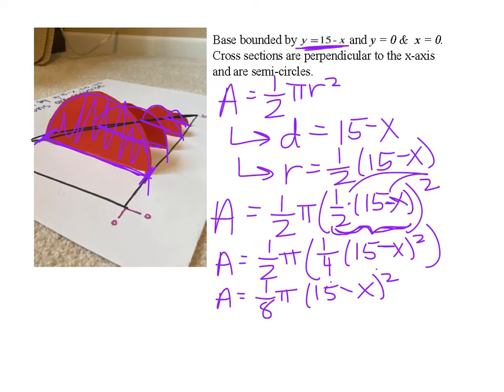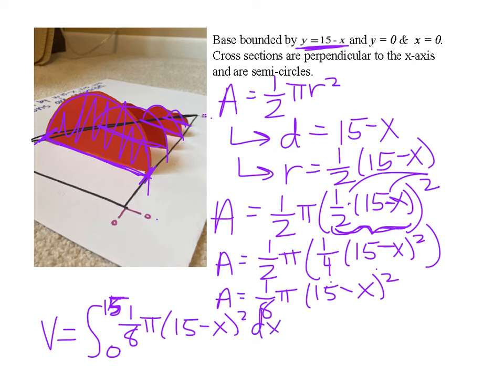So that's the area of just one cross section. To get infinitely many of those, we would get the volume, which would then be the integral. Now we're going from 0 to 15, and this is because the x-intercept of that graph happens to be 15. You might have to use some algebra in some problems, or just make sure you accurately draw your graph. So 0 to 15 of 1/8 pi times 15 minus x squared dx.